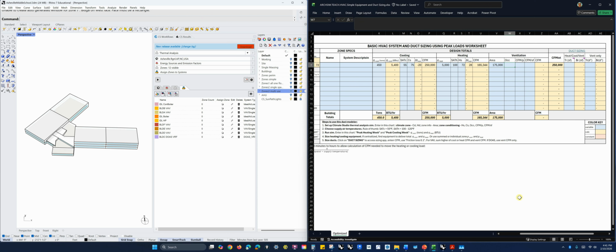We need to have an amount of people. No, I'm sorry, an occupancy. And this is occupancy per square foot. So I'm going to put in, this is a number that I see a lot. This is not the occupancy numbers for egress.